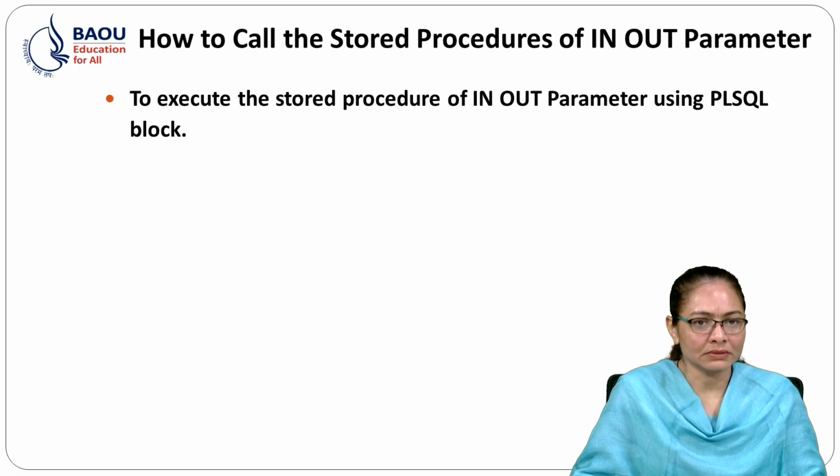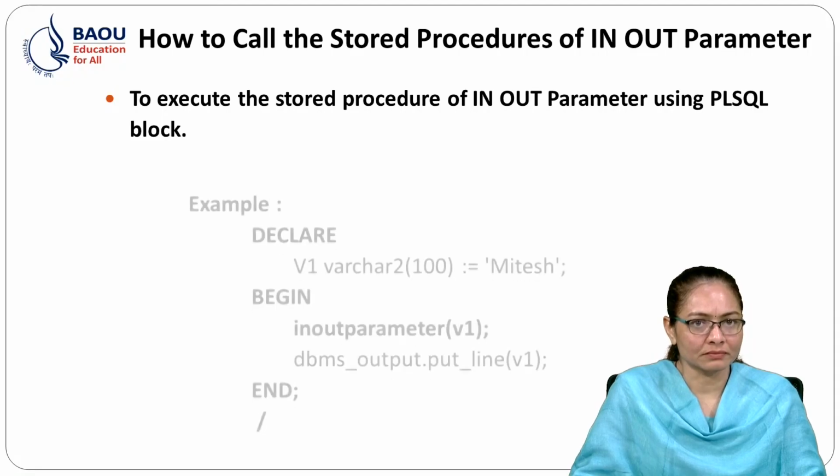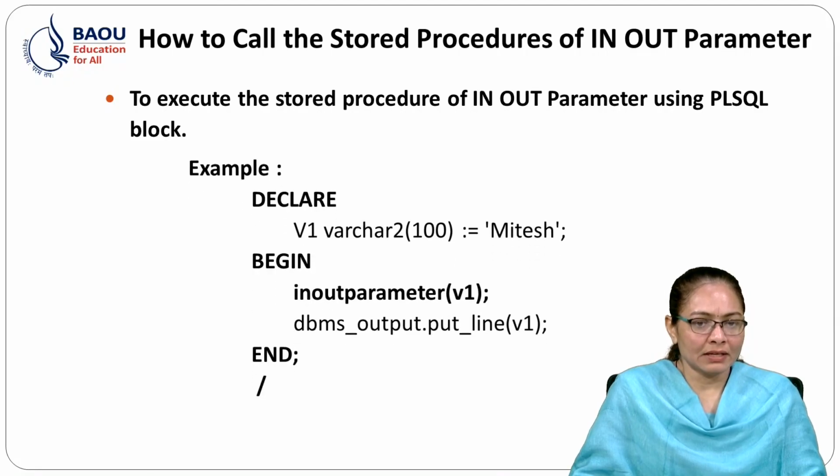See, to execute the stored procedure of the IN OUT parameter using the PL/SQL block. Here, in the declaration part, variable v1 is used as VARCHAR2 and size is 100, equal to store Mitesh.